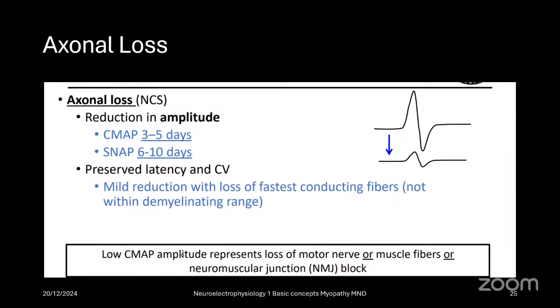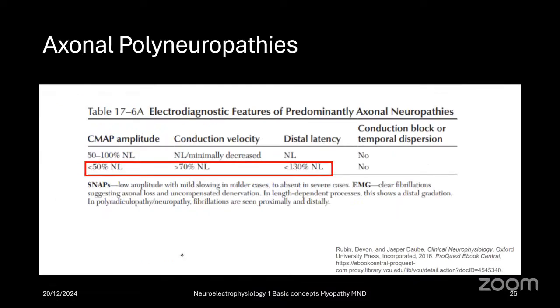So low CMAP amplitude represents loss of motor nerve or muscle fibers, or there may be a neuromuscular junction block. So NMJ also will give rise to a low CMAP, but the conduction velocity is normal and latency is normal. And you see what is normal.